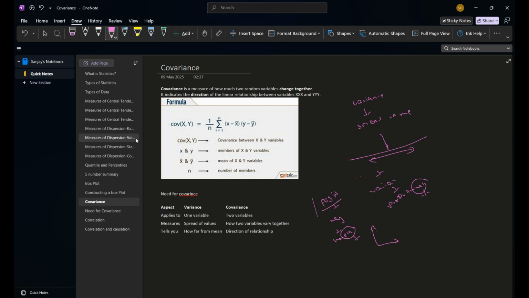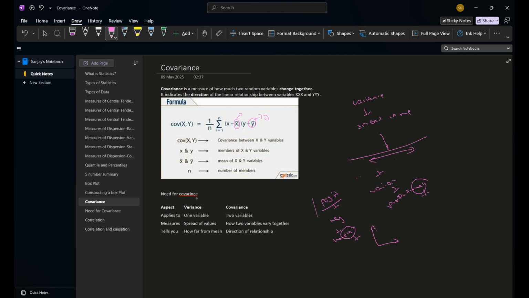So the formula is covariance of x and y equals 1 by n, summation of i equals 1 to n, where n is the number of data points, of x minus x bar, where x bar is the mean of x, times y minus y bar, where y bar is the mean of y. x and y are individual data points.